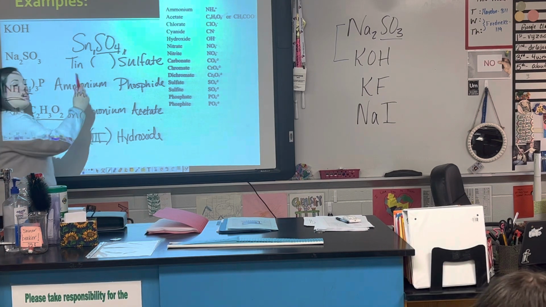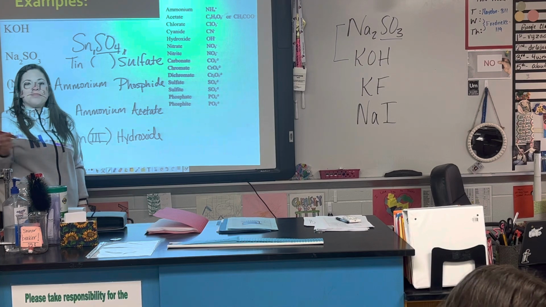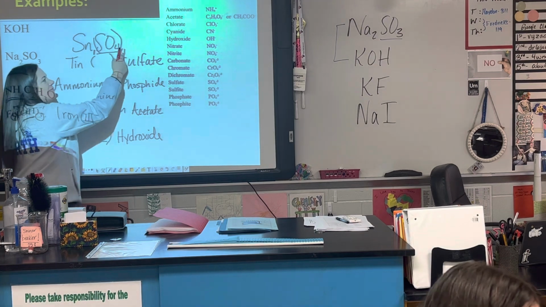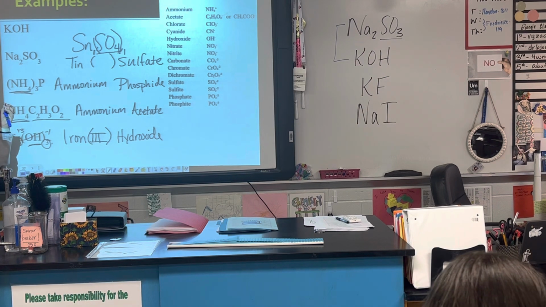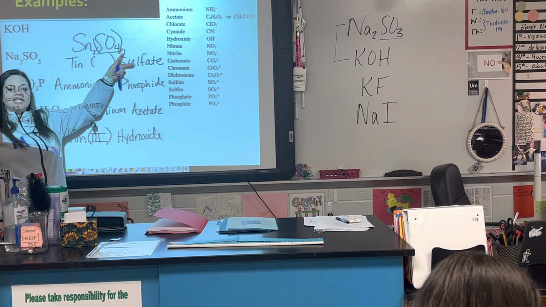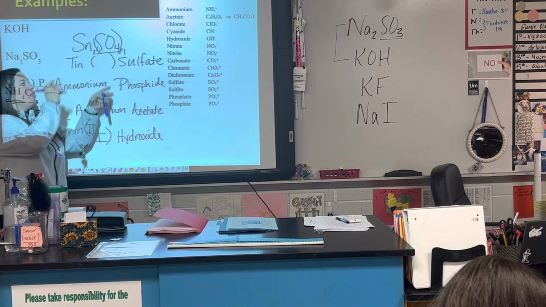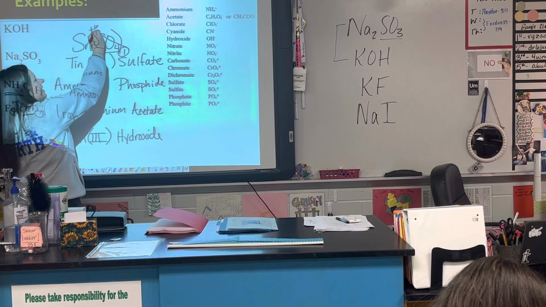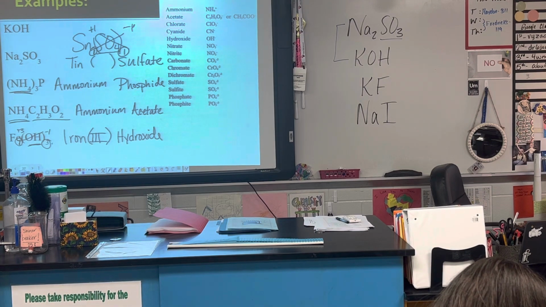So I don't uncross the 4. That's the mistake I see people really make. Parentheses aren't there, so it trips you up. When you don't have parentheses around your polyatomic ion, you can't just uncross that number that's part of the polyatomic ion. It means there's 1 of them. That's the number you're uncrossing. So now, is sulfate a -1?